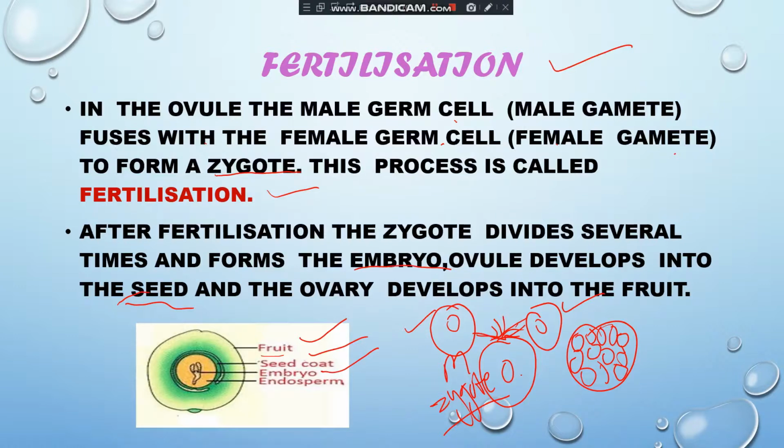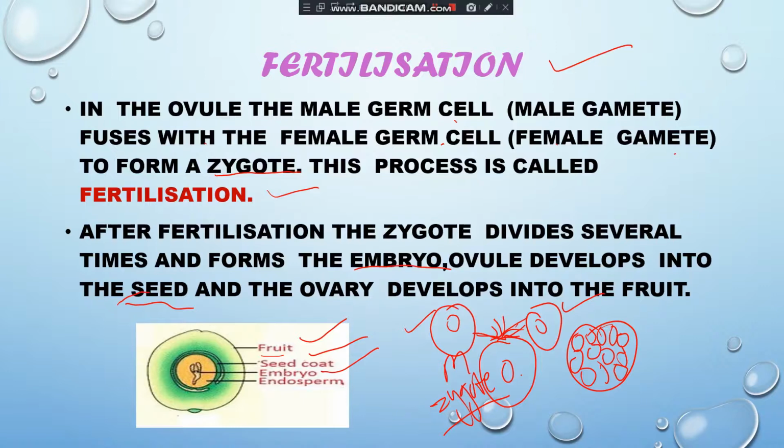Today, a fast recalling of the topic that I have taught you. Today I explained to you about pollination. What is pollination? Pollination means the transfer of pollen from anther to the stigma.